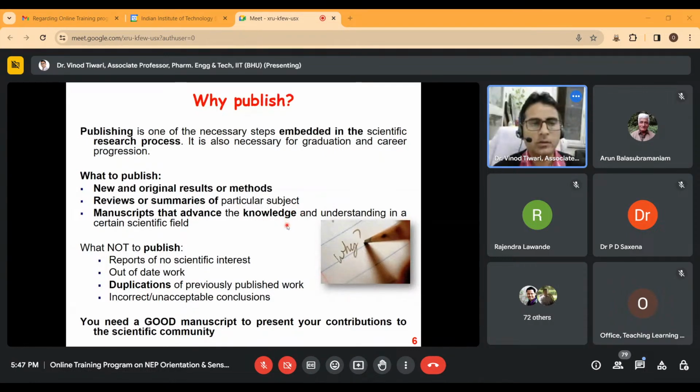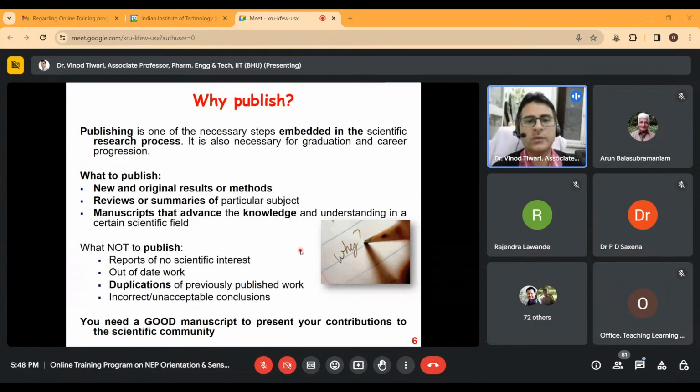Now the next question is what to publish and what is publishable. It is very obvious that anything which is new and original in terms of findings, or in terms of a new technique or methodology, is supposed to be published. Reviews can also be published, or a summary of a particular subject.